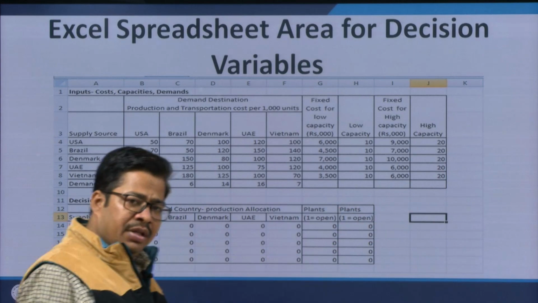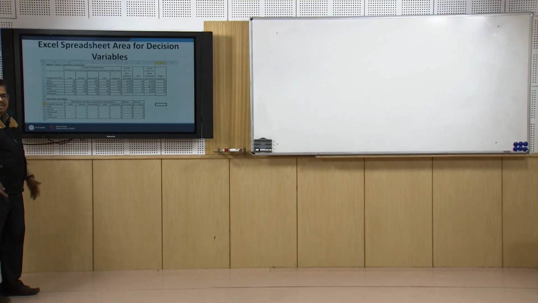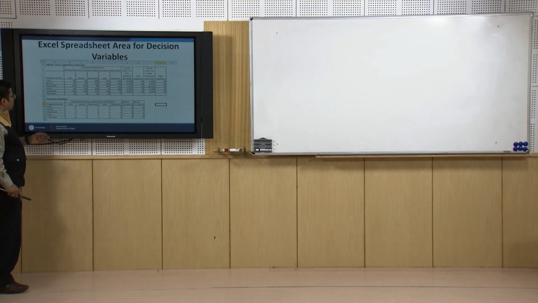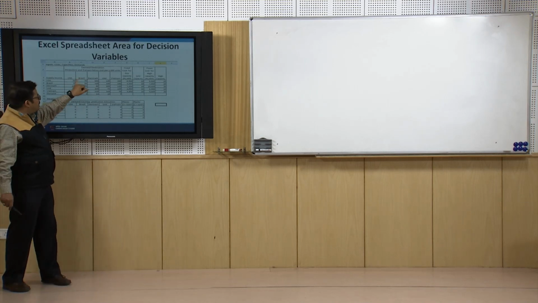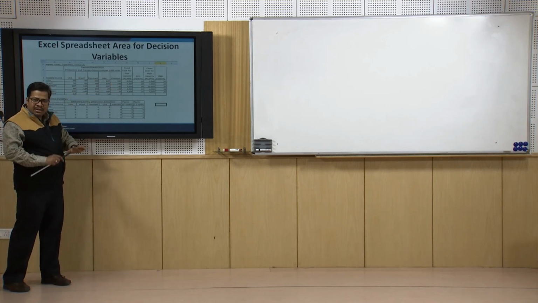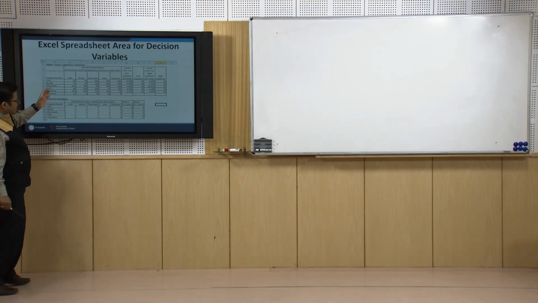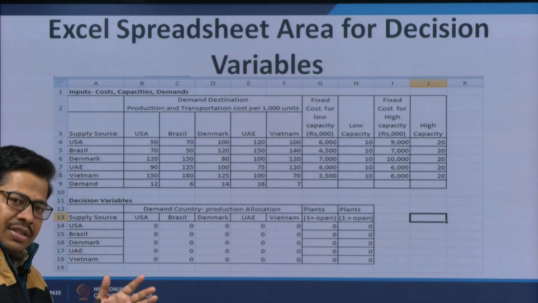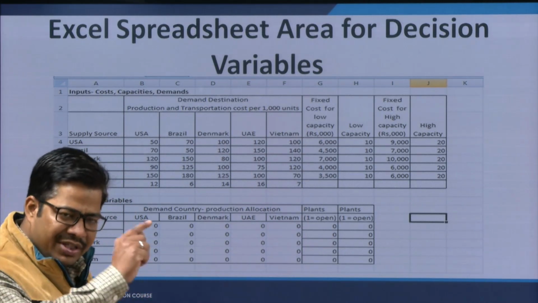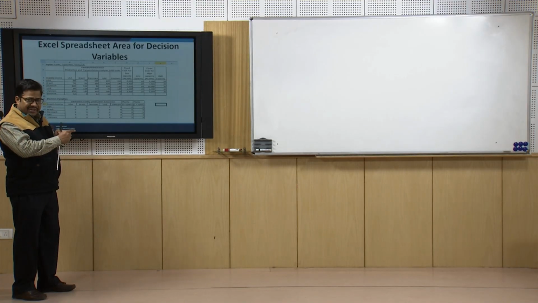So these are the important issues: one, the location of the plant, and second, the size of the plant, low or high. And then another issue is related to the configuration of your supply chain model, in that there are certain demand locations: USA, Brazil, Denmark, UAE, Vietnam. The same 5 locations are the demand locations also, and in each of these demand locations the supply locations will fulfill the demand. So which supply will go to which destination?